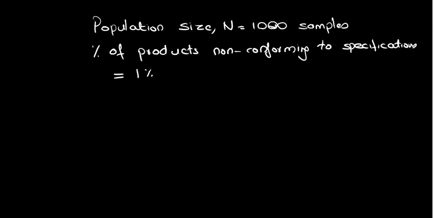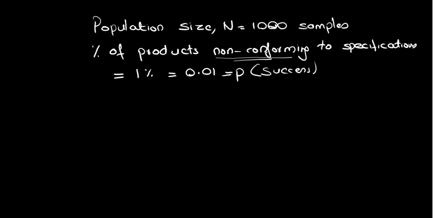If I write it as a fraction, it is 1 by 100, so it should be 0.01, and that is nothing but my p-value. So p corresponds to the success. In this case it is actually the percentage of non-conforming products. So in my binomial trial, I treat success as the percentage of products non-conforming to the specifications.